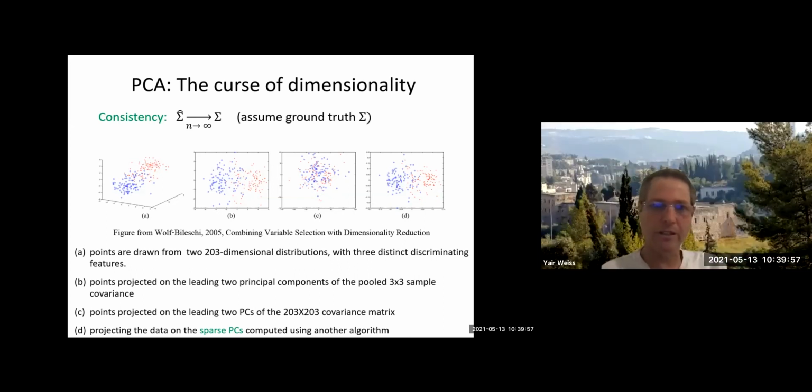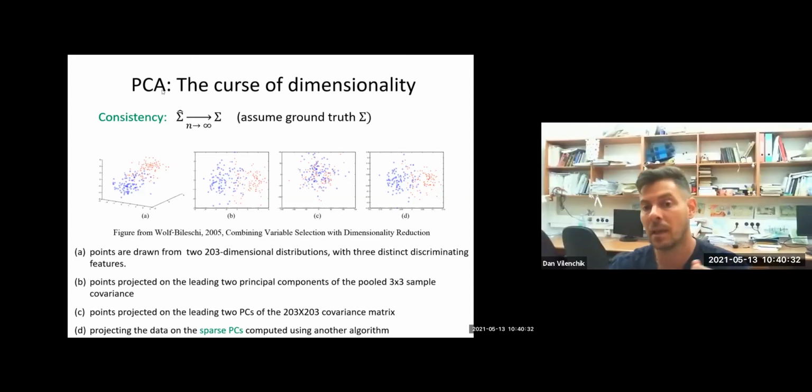Sometimes the features that maximize the variance are not the informative ones. So for example, suppose you're trying to discriminate between people with mustaches and people without mustaches. That could be a very small variance feature, but it ends up being discriminative for the task that you want to do. So I think it's very easy to construct examples where it's not about consistency, but rather about the difference between the discriminative feature and the high variance feature.